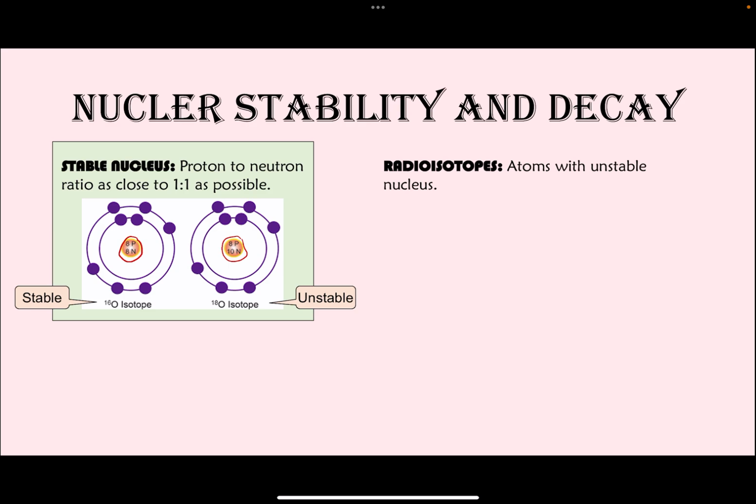A sweet spot to say that this ratio is closer to 1:1 is that if you have a ratio of 1:1.2, that is where you want to call it off. So 1:1.2 is fine, we'll still consider that stable. But if it's a ratio of 1:1.3, that is considered unstable.